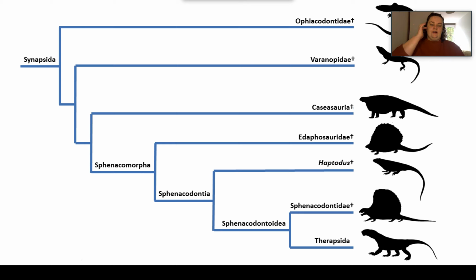So this is a cladogram here, and there's been quite a lot of reshuffling with it recently. For example, it was thought that caseosaurs were most basal, and Ophiacodontidae were quite a lot younger than the caseosaurs, but the most generally accepted is that the Ophiacodontidae are the most basal synapsids, and then Therapsida is what we are all part of.